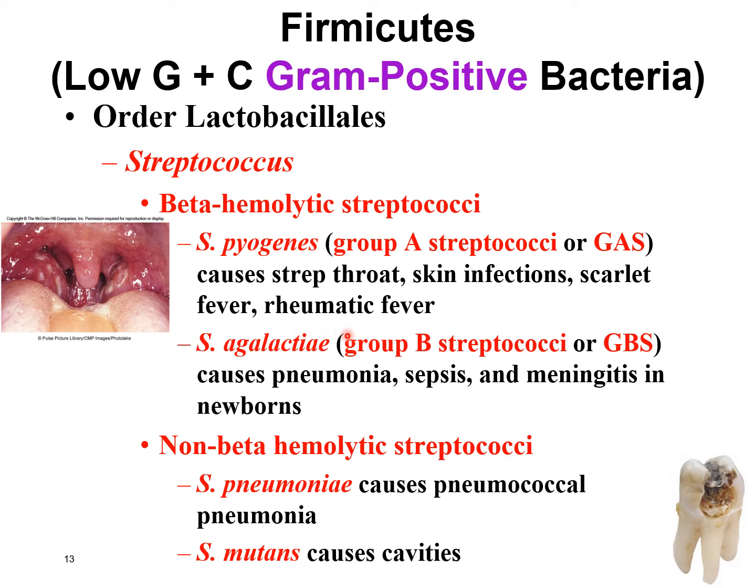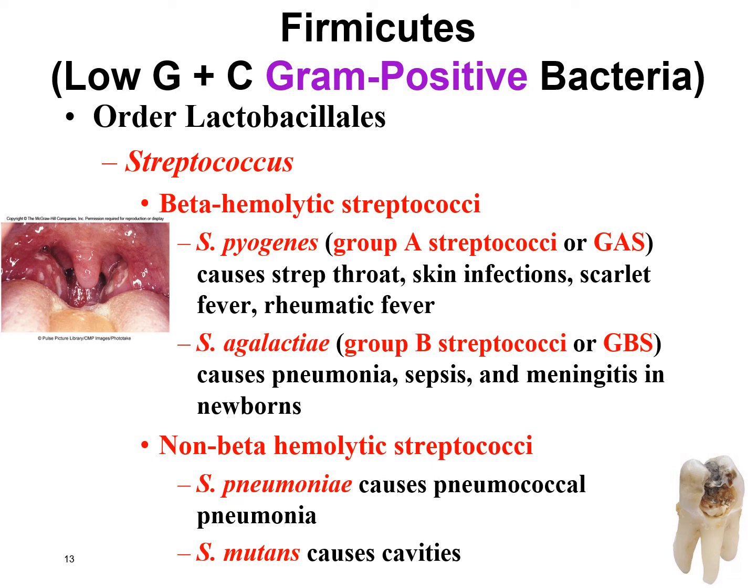And then we can also see rheumatic fever, which we'll talk about as a complication after someone's had strep throat. We don't see it very often, but sometimes we do. The immune system gets a little confused in fighting off the Streptococcus pyogenes, and it starts attacking parts of the body like your heart valves. So that can cause some heart damage, for example.